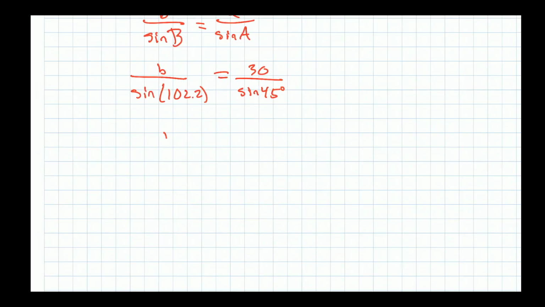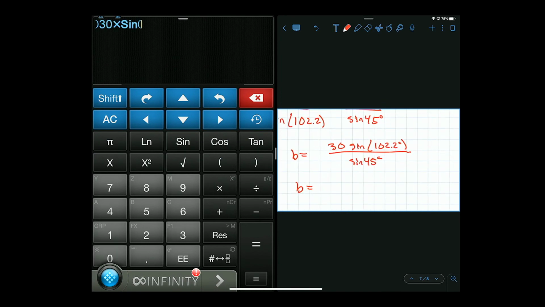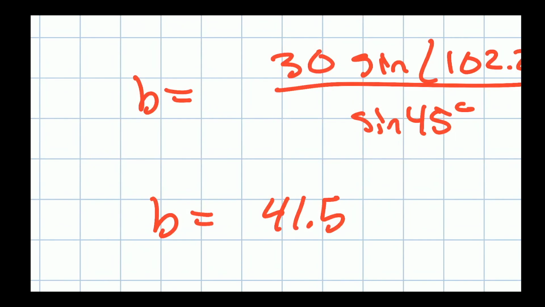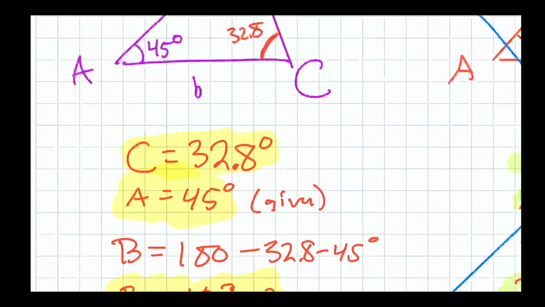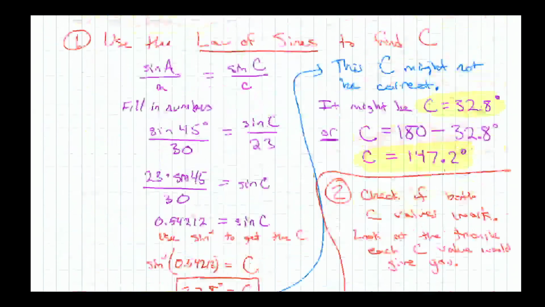So you solve for b. b is 30 sine 102.2 over sine 45. b is 30 times sine 102.2 over sine 45. 41.5. Okay. If I did that right. It was 102.2, right? Is that correct? Yeah. Okay. So what did we get? 41.5.